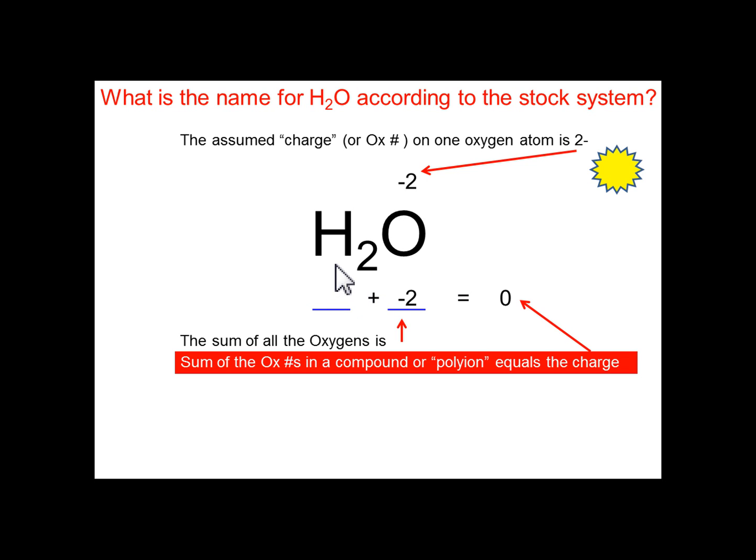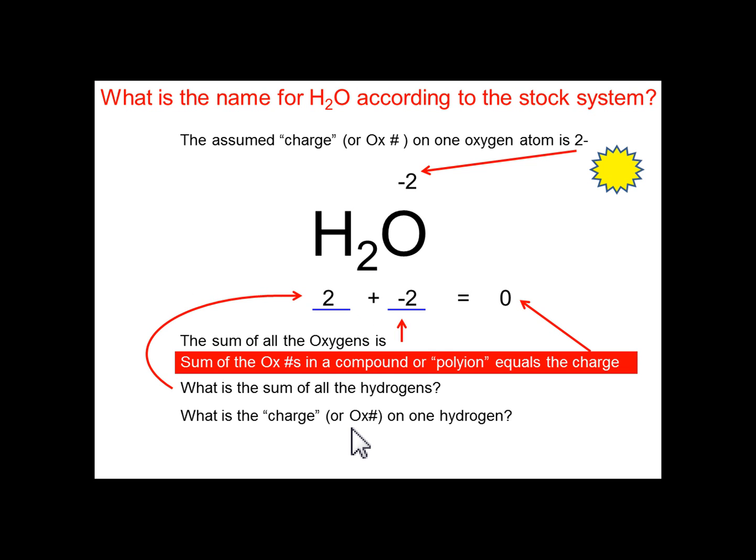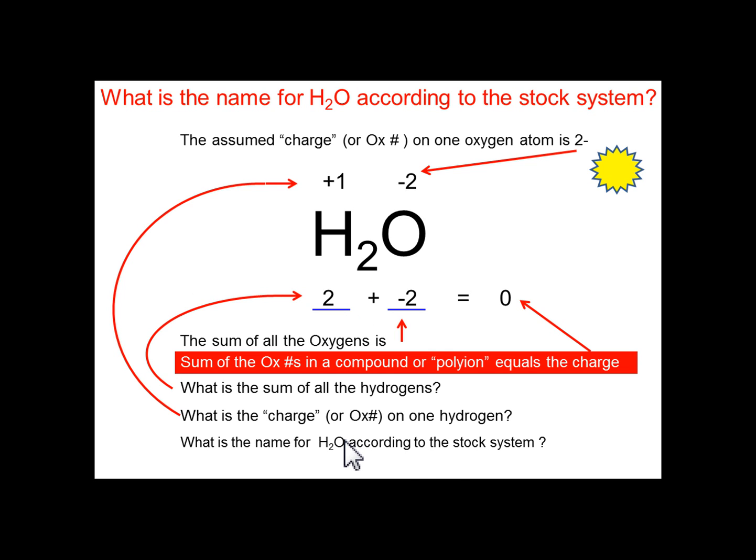That means the two hydrogen atoms added together have to have an oxidation state of positive 2. Since there are 2 of them, each hydrogen would be a +1. So the correct name for water in the Stock system is hydrogen(I) oxide.